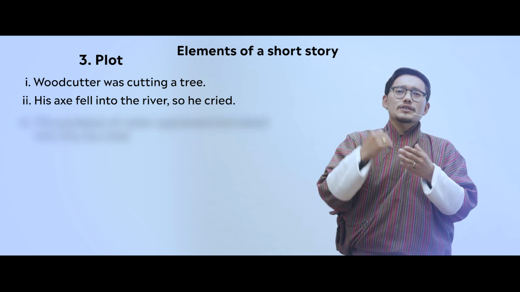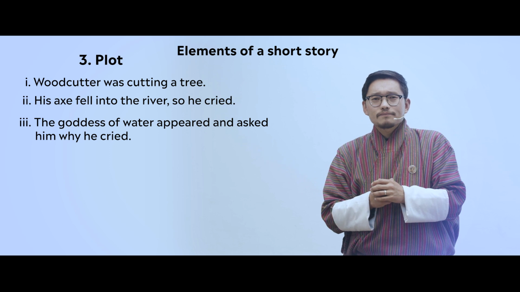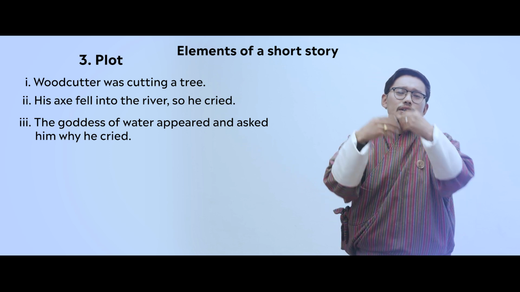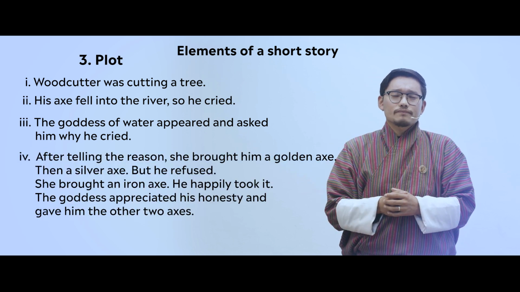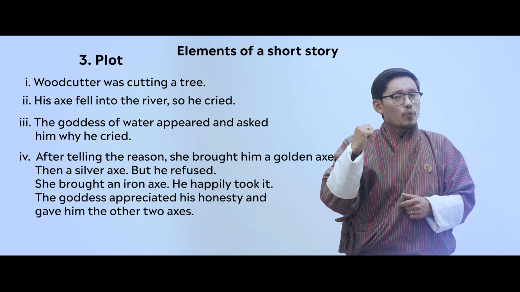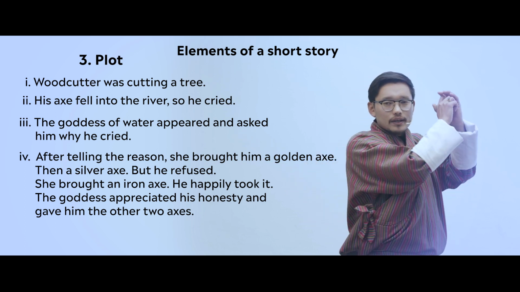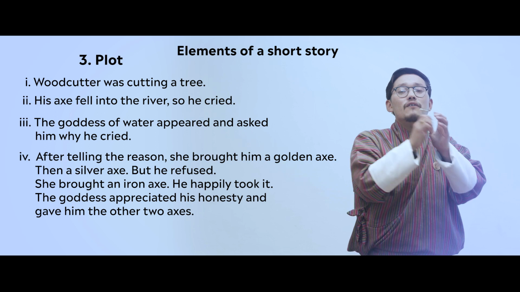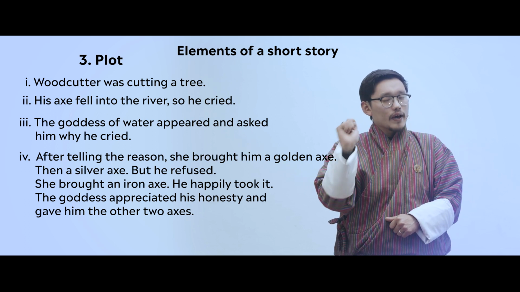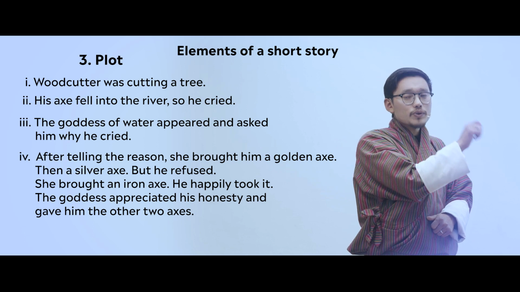The goddess of water appeared and asked him, "Why are you crying?" After telling the whole story, the goddess of water brought him a golden axe, then a silver axe, and finally an iron axe that actually belongs to the poor woodcutter.